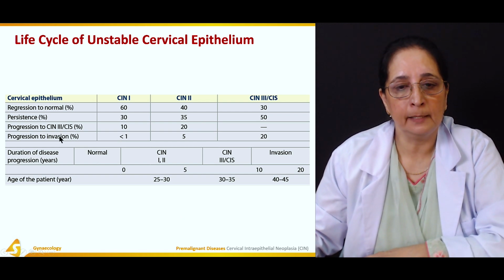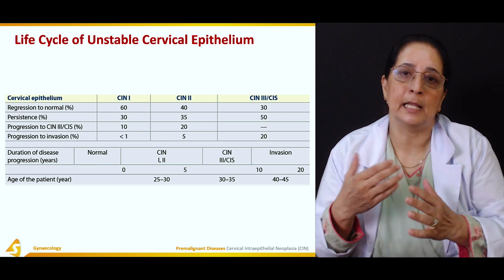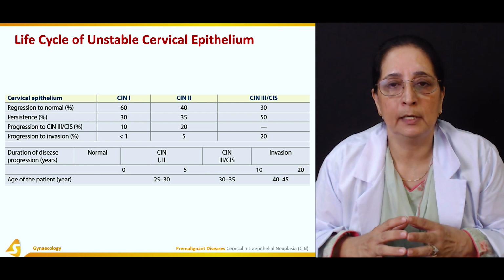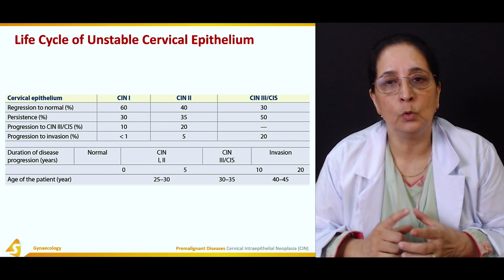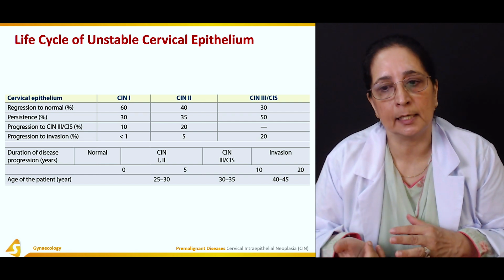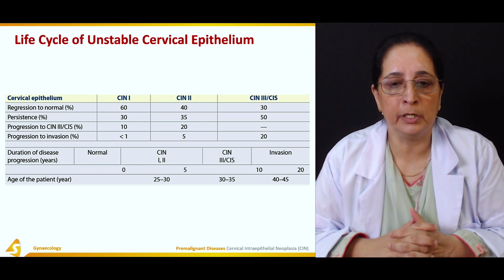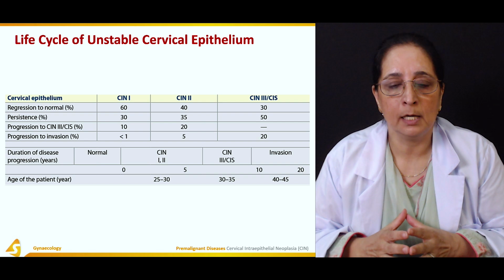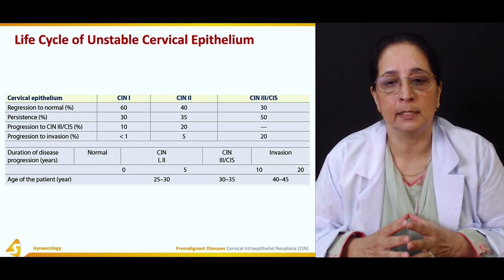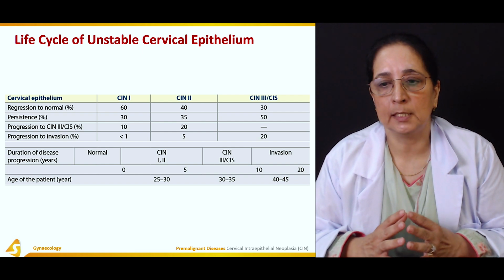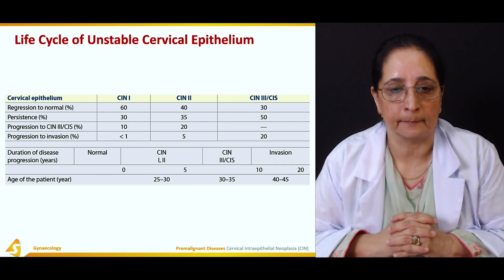Progression to type 3: in stage 1, there is a 10% chance that it can progress to cervical intraepithelial neoplasia type 3, and type 2 has a 20% chance. Progression to invasion is less than 1% in type 1, 5% in type 2, and very high in type 3, about 20%.